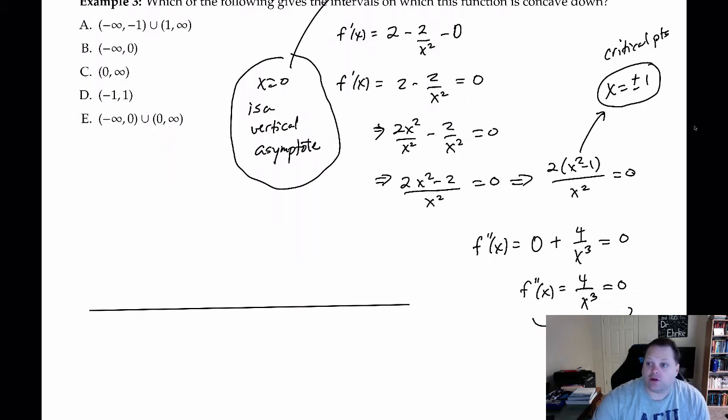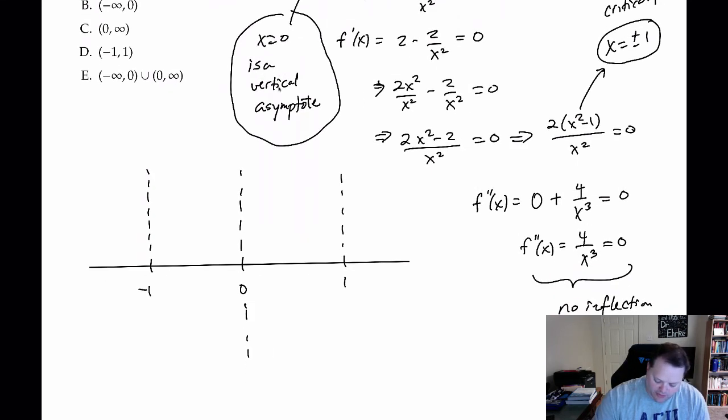So my critical points are plus and minus 1. My asymptote is 0, so I'm going to plot -1, 0, and 1. -1 is a critical point, so I'm going to extend the region up. Same thing for 1. 0 is an asymptote, so it's going to affect both the first and second derivative.